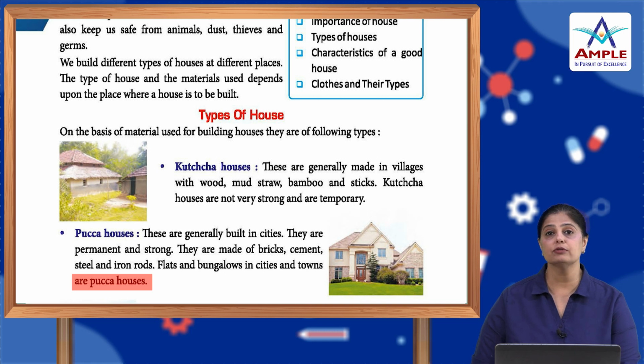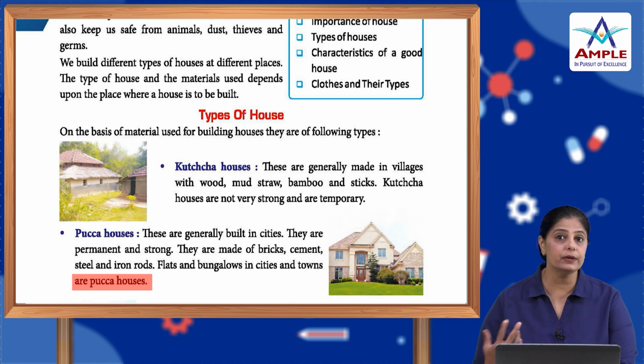Suppose a bungalow is built; instead of demolishing it, people resell it and the new owner does the interior work or painting. But that house stays there for years. So these are pakka houses and the material used is quite sturdy.